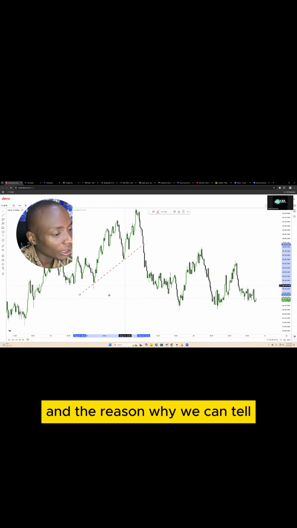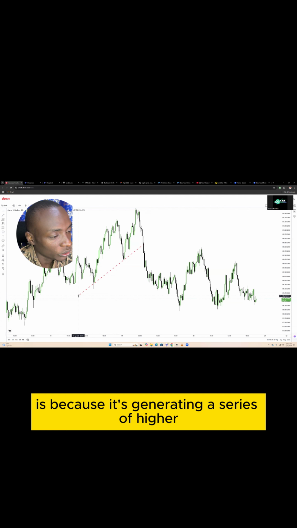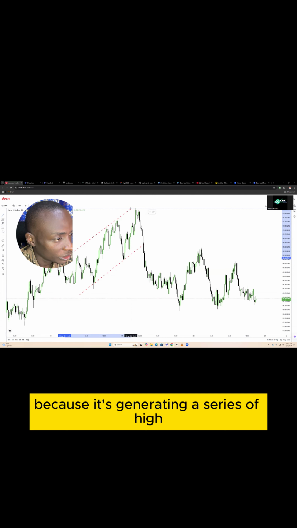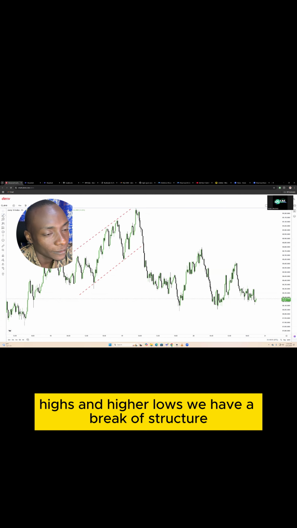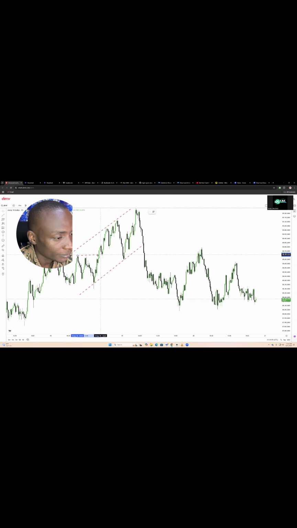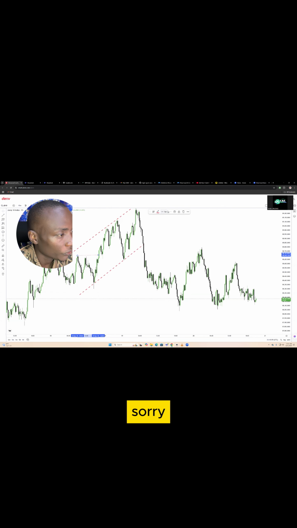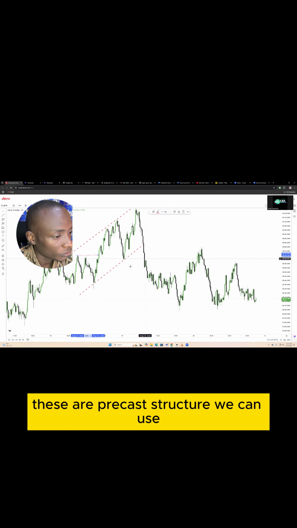And the reason why we can tell this is an uptrend is because it's generating a series of higher highs and higher lows. We have a breakout structure. This is a breakout structure.